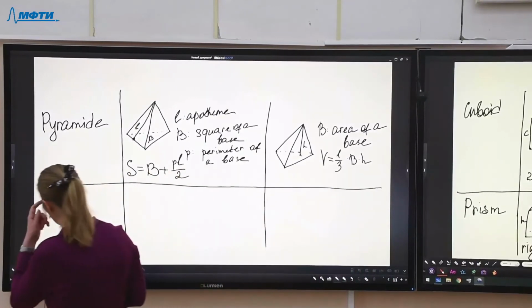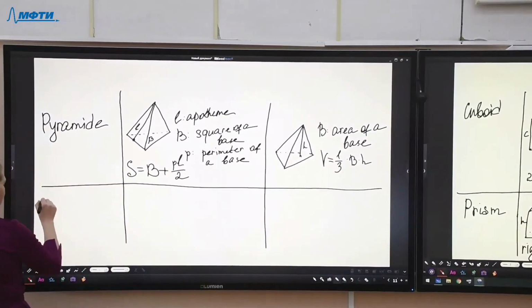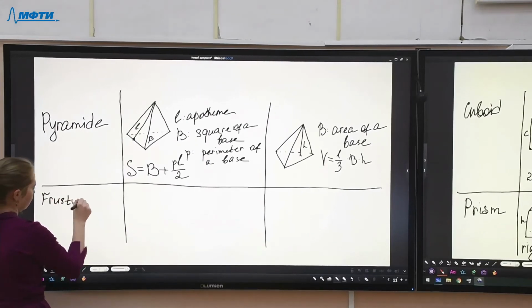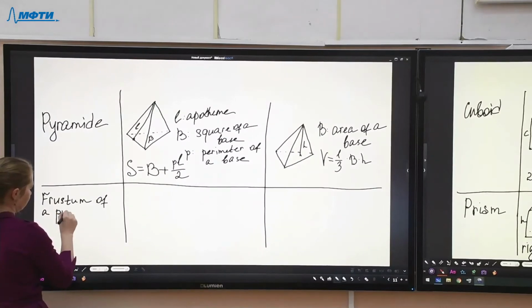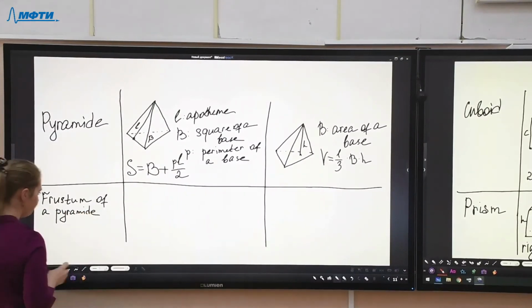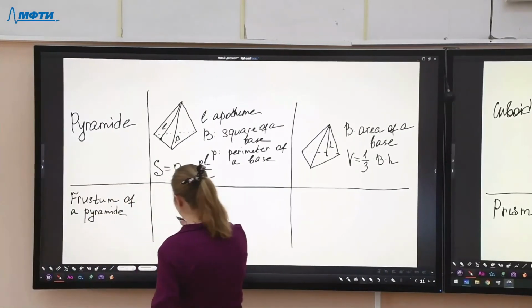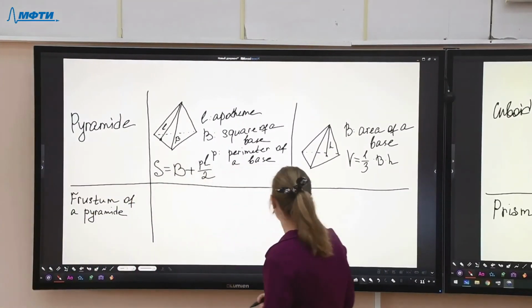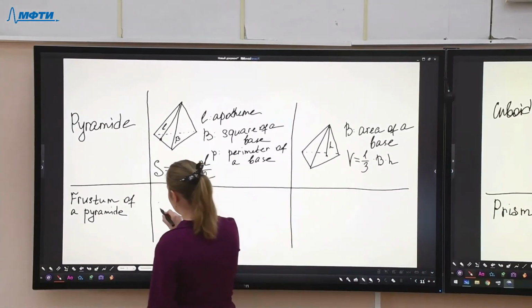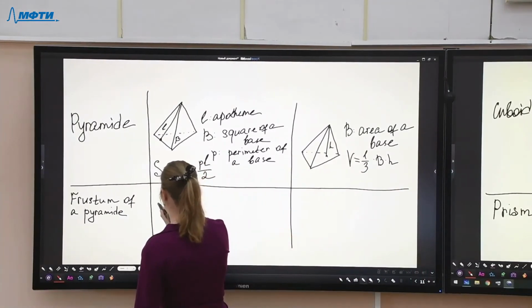Now, if we consider a frustum of a pyramid, let's consider the case when we have a right frustum of a pyramid.